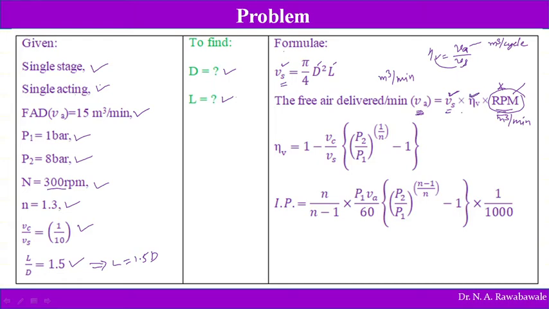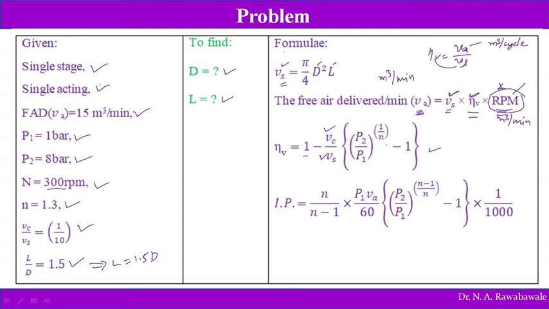Here volumetric efficiency can be obtained by 1 minus Vc divided by Vs into P2 divided by P1 to the power of 1 over n, minus 1. So this equation we have derived. We know the Vc divided by Vs ratio as 1/10, that is 0.1.